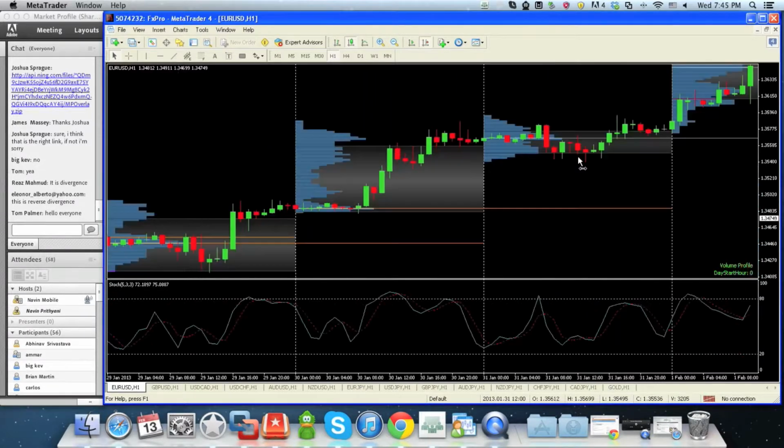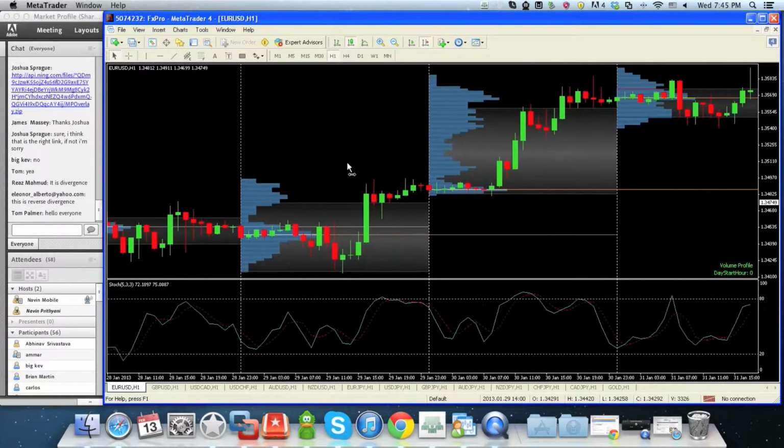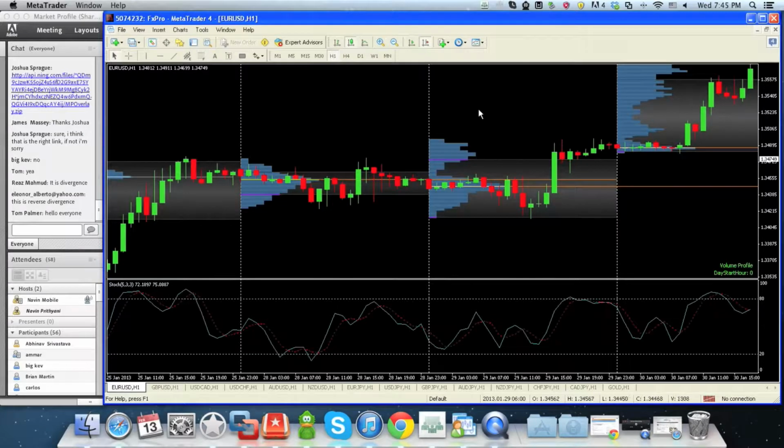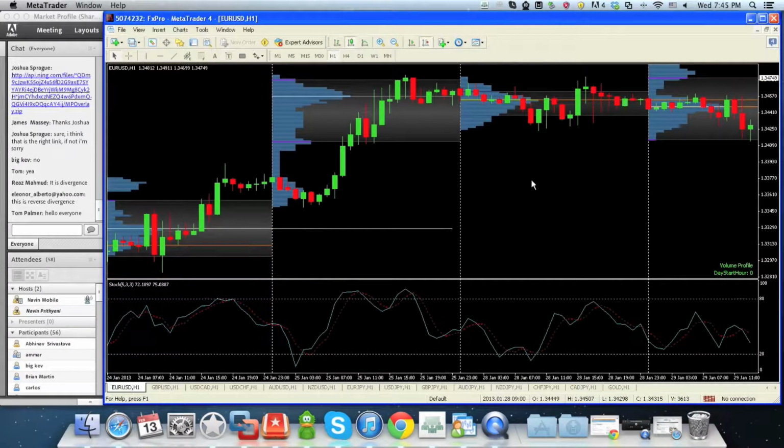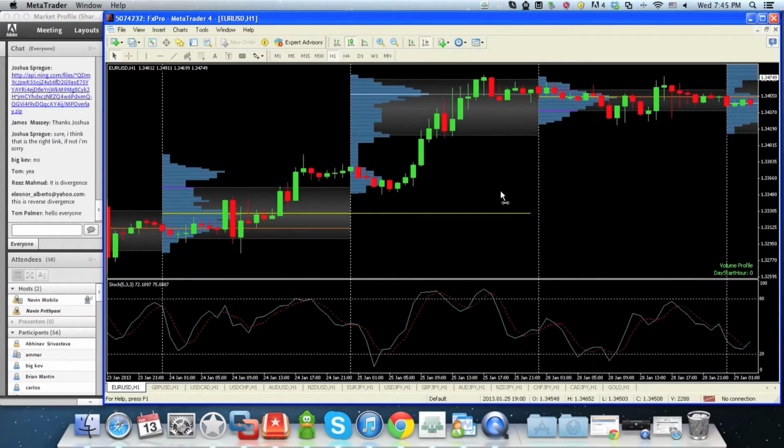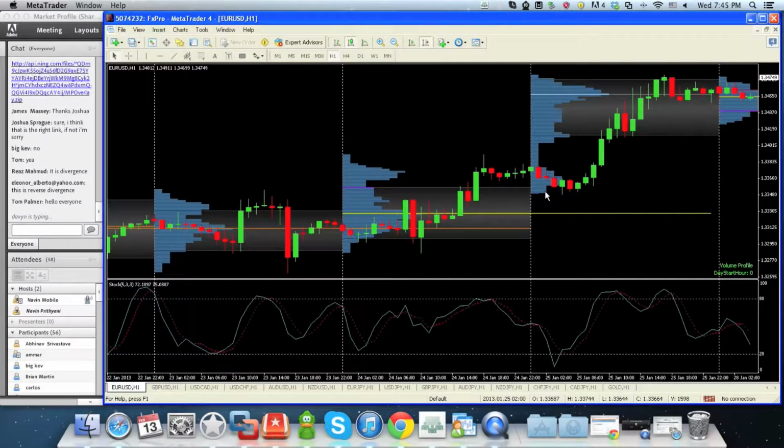Now, moving forward, let's check out another example so we get an idea. Let's take a look at this. The market comes down here, creates a low. Then it goes up, and then it starts to come down again, creating a low.